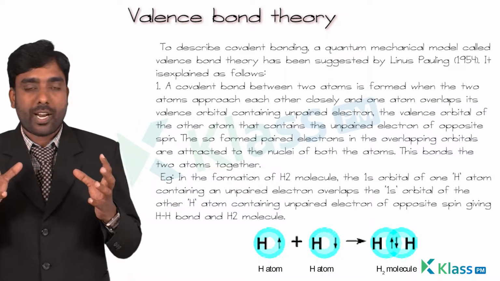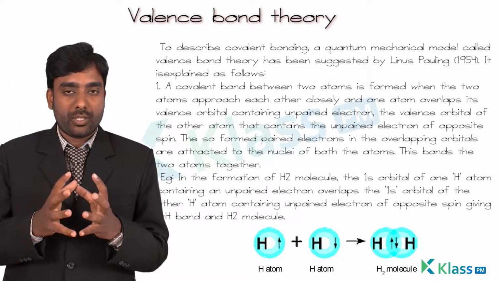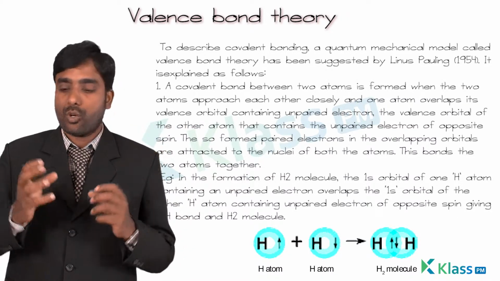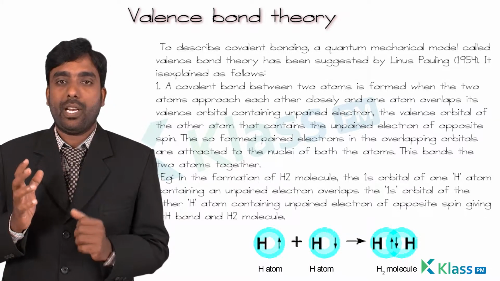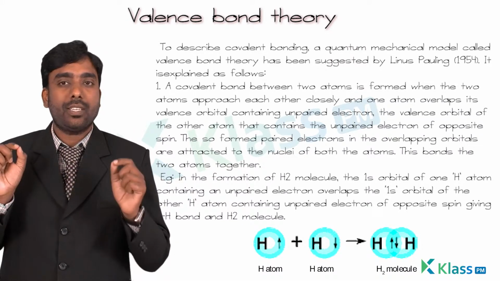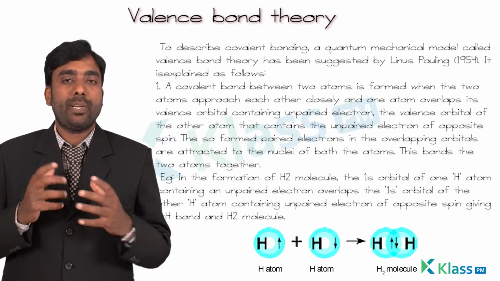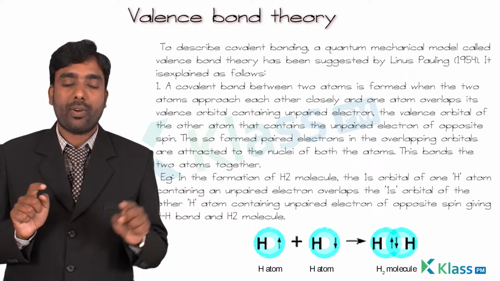Once again, try to understand it clearly. When two atoms approach each other, this atom is having a valency orbital with an unpaired electron and this atom is also having a valency orbital with an unpaired electron. Here the condition is that these two electrons in the valency orbitals should have opposite spin. In the spin quantum numbers we have discussed that there is a clockwise spin and an anti-clockwise spin.